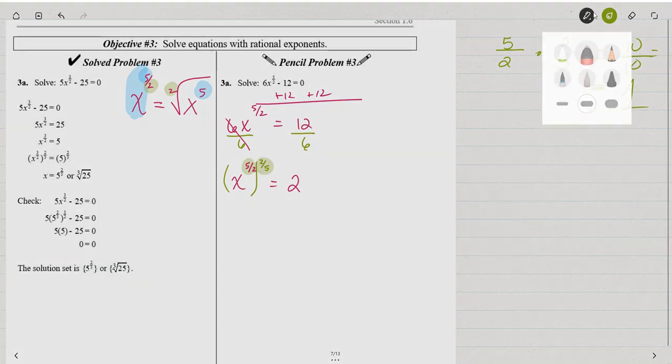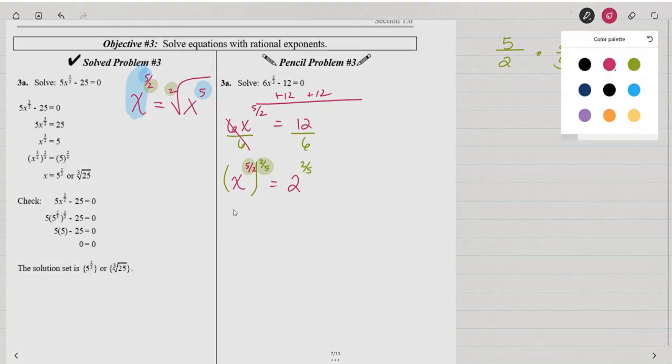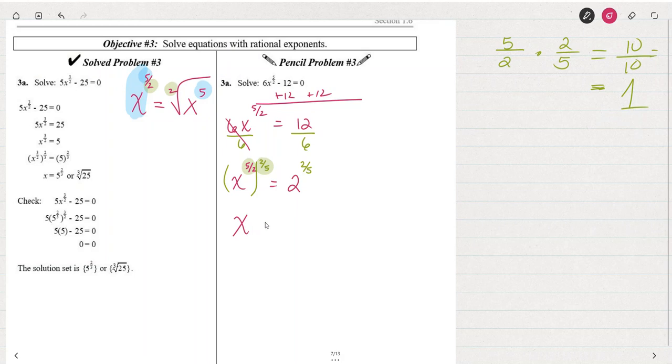Now if I'm going to raise the left side to 2/5, I've got to do the same to the right side. So on the left, we just have x, and on the right, we have 2 squared 5th rooted, or 2 to the 2/5.